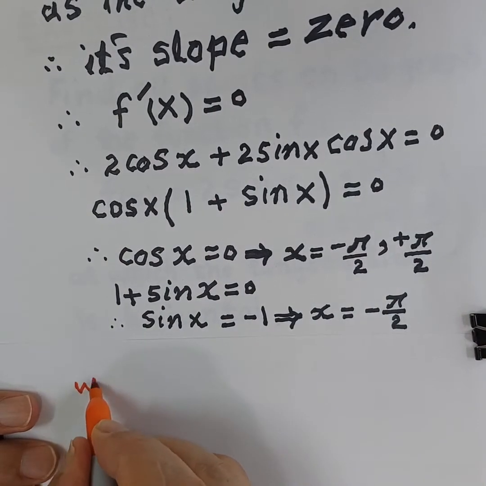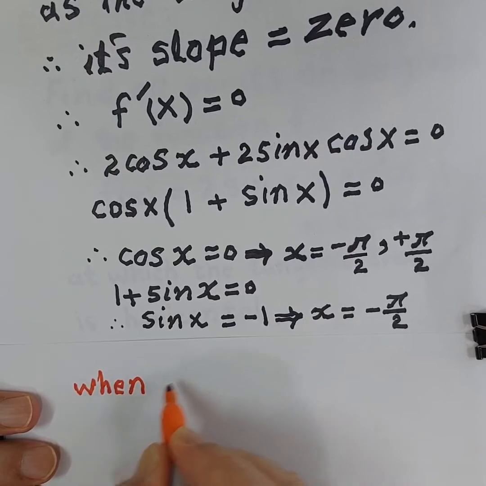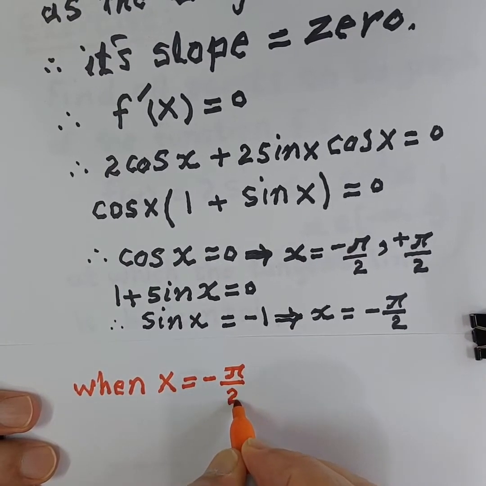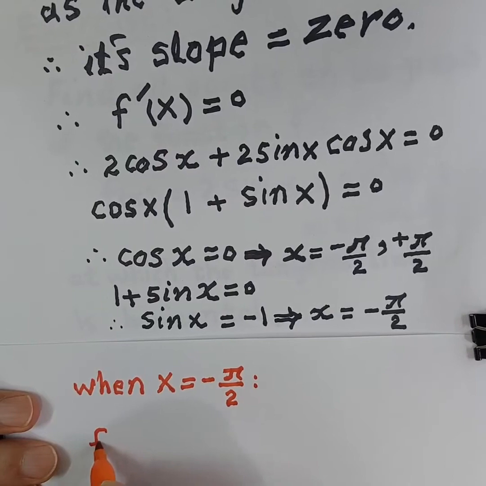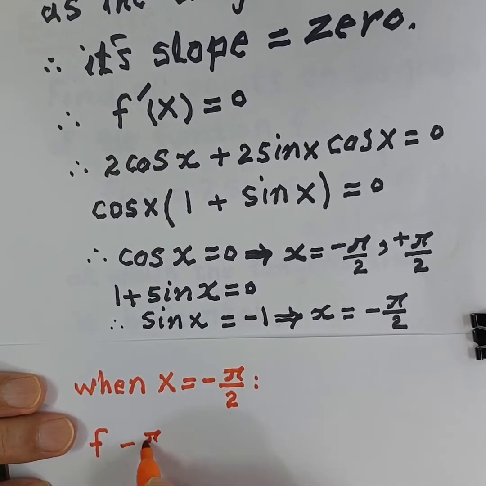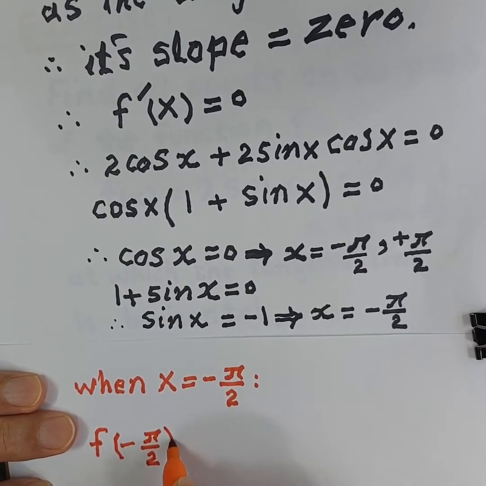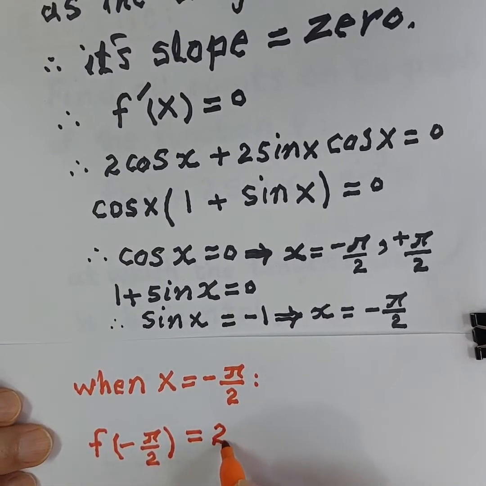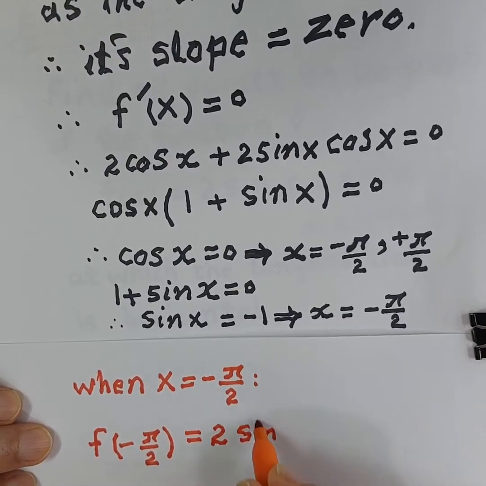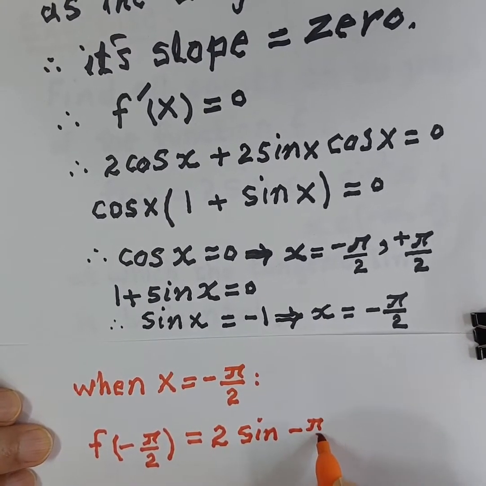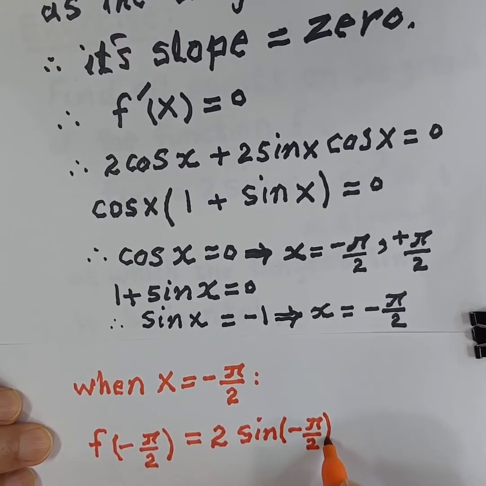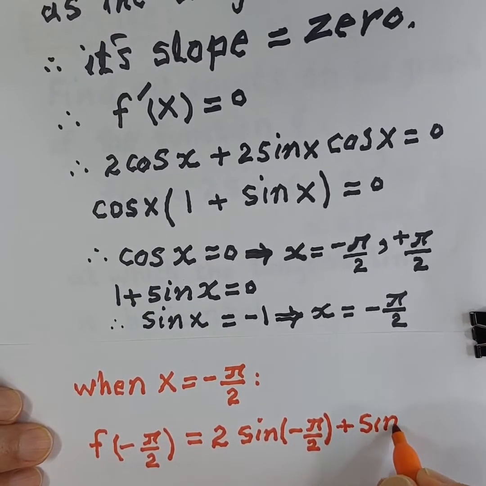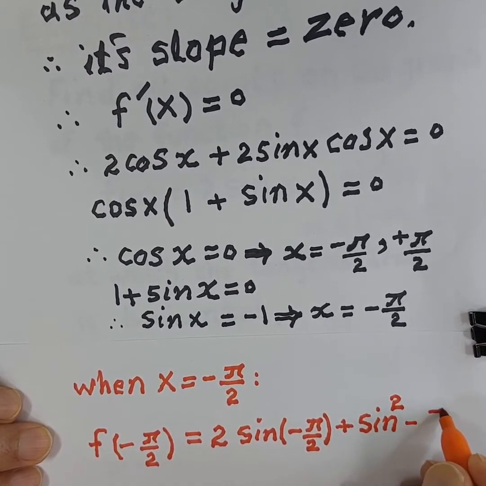We said when x is equal to minus pi over 2, by making substitution for x in the rule of the function, it will be 2 sine x, that means 2 sine minus pi over 2, plus sine square minus pi over 2.